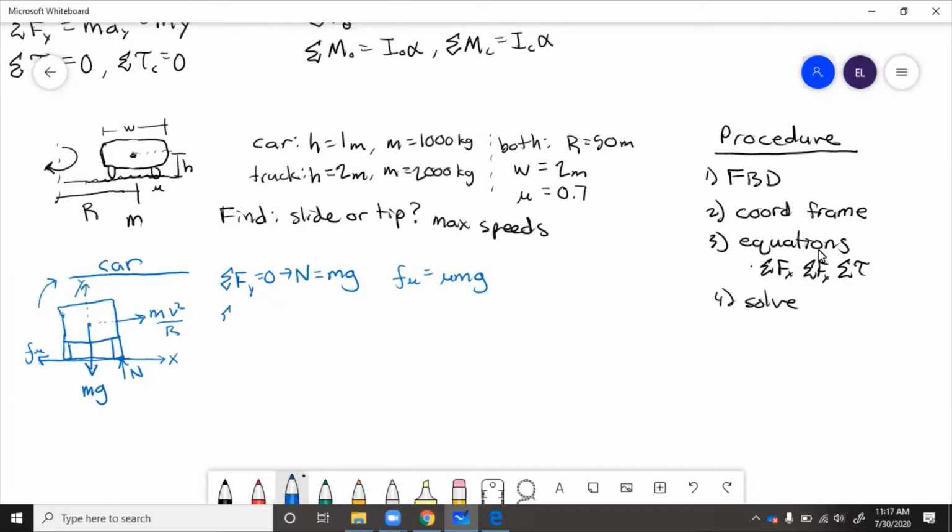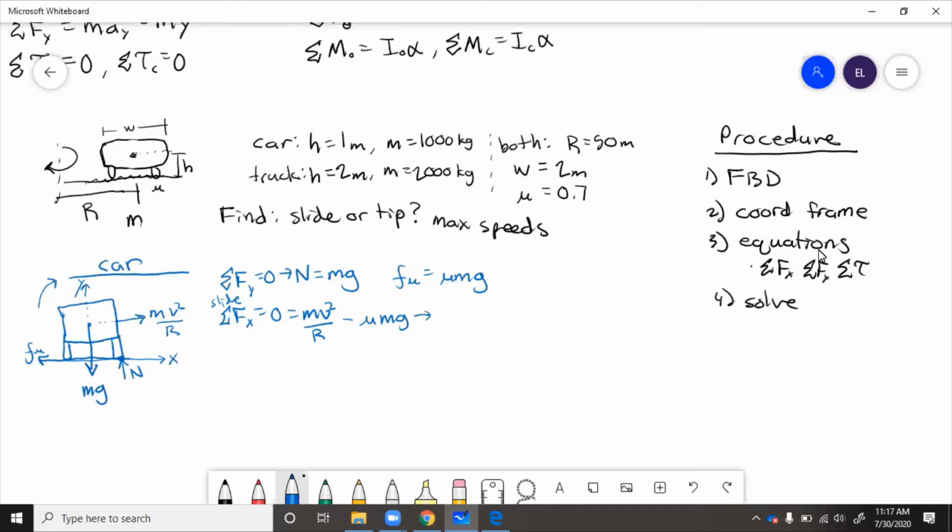Then sum of the forces in the x, we want that to equal 0 because that would be for sliding. For no slide, sum of the forces in the x equals 0, which is going to be mv squared over r minus mu mg.